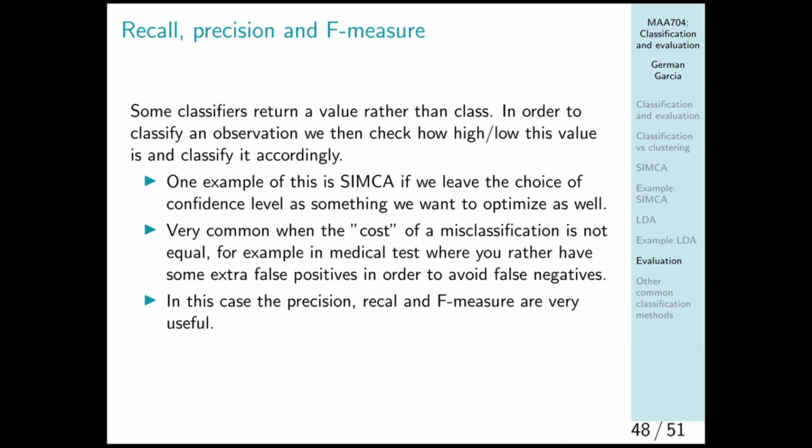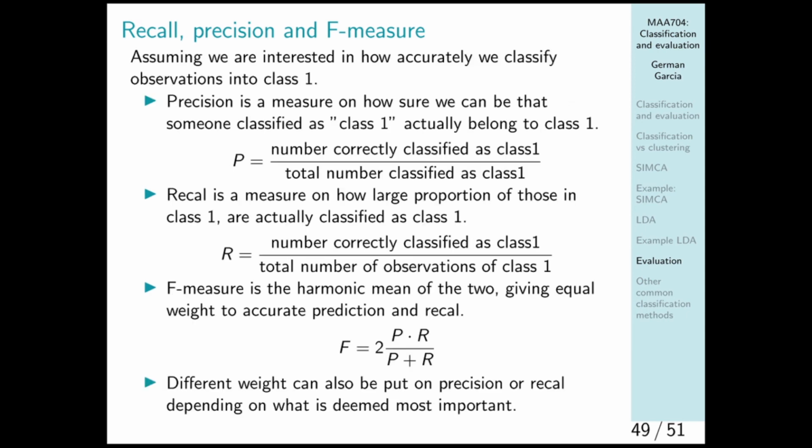In this case, we have precision, recall, and F-measure as three really useful tools. Now, precision is the measure of how sure we can be that someone that is classified as class 1 actually belongs to class 1. Recall, however, is, I mean, dialectically speaking, the opposite, but mathematically not really.